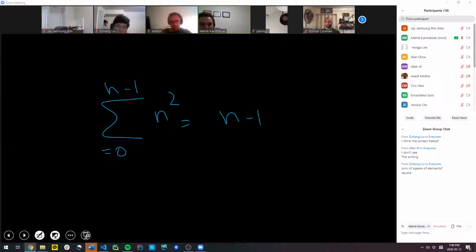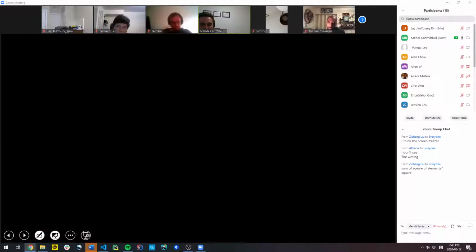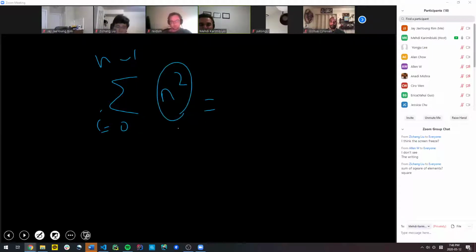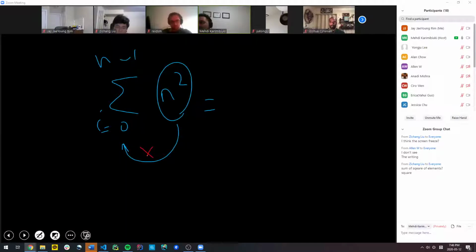Because the incrementation factor there in the outer is i, so i equals 0 to n minus 1. I have n squared, right? So this guy is not having any dependency with the iterator. So there is no dependency with the iterator. So that's why we don't even need to go and look at our cheat sheet, right?